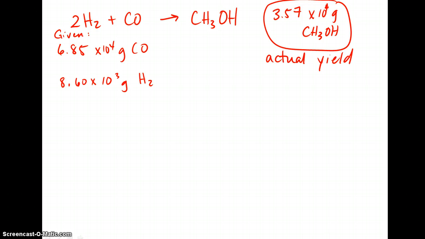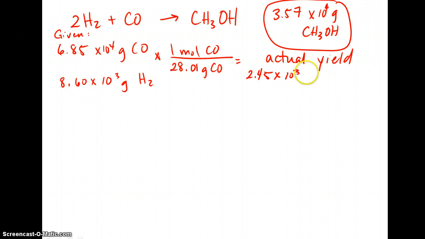To start off, we're going to do what we've always been doing. We need to figure out how much methanol can be made, and we need to figure out what our limiting reactant is. So we need to change things into moles. We have 28.01 grams of carbon monoxide for every 1 mole of carbon monoxide, which works out to be 2.45 times 10 to the third moles of carbon monoxide.